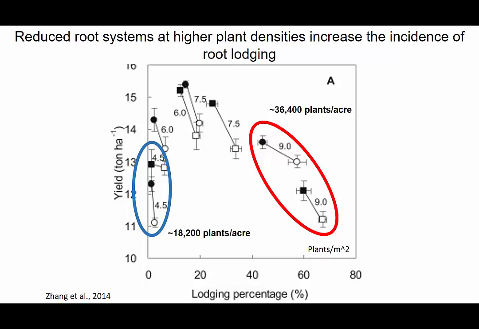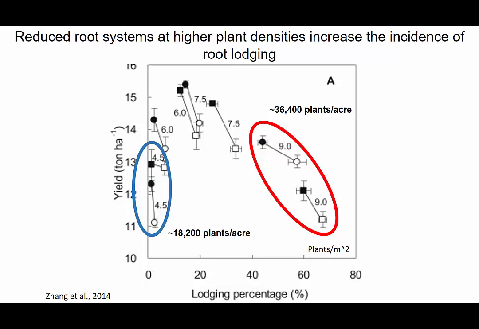So this is another example where they've planted at different densities. So in this blue circle are about 18,000 plants per acre, and they're looking at their yield versus lodging. And at this low density, you have very little lodging and medium yields. And as you increase your density, you see an increase in yield.